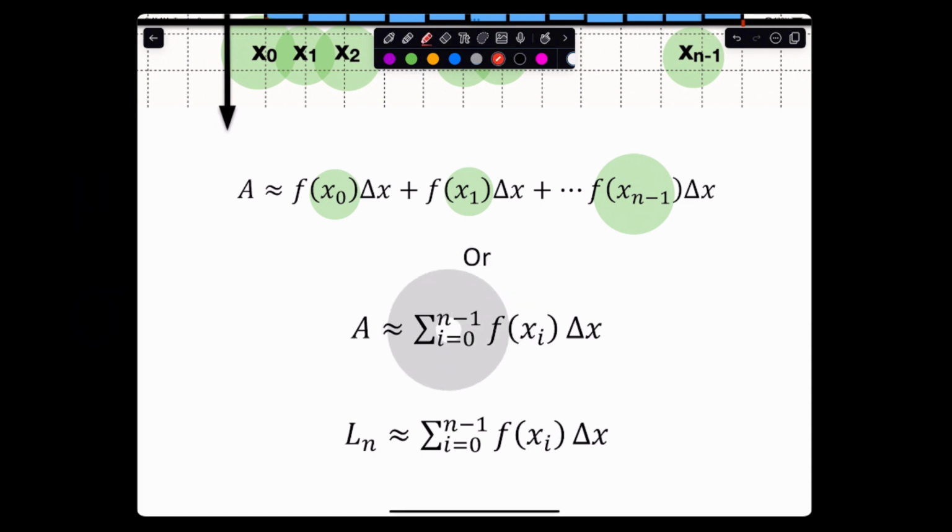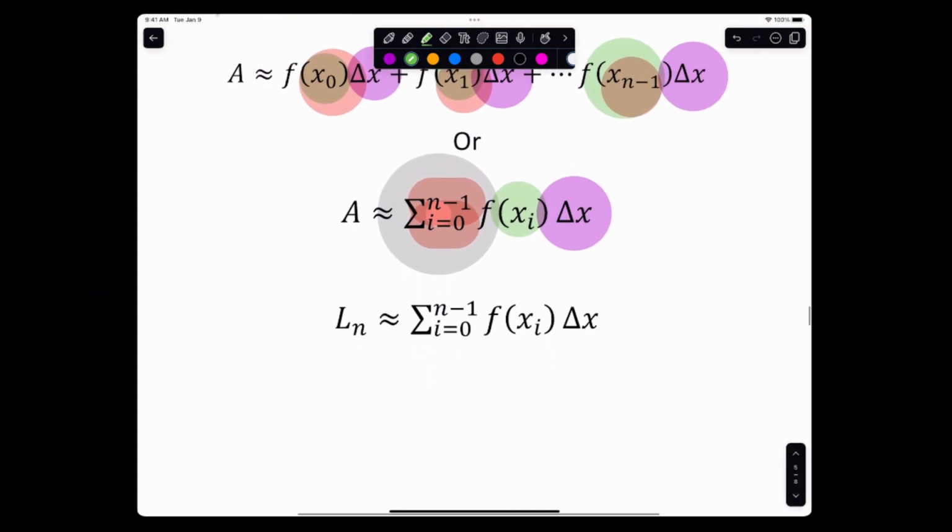Although you start at 0 and end at n minus 1: 0, 1, 2, and so on, up to n minus 1. Your delta x is still there for each one because it's length times width. And so, ladies and gentlemen, you end up with what we call the left endpoint formula. That's what you guys will use to approximate the area for the left endpoints.